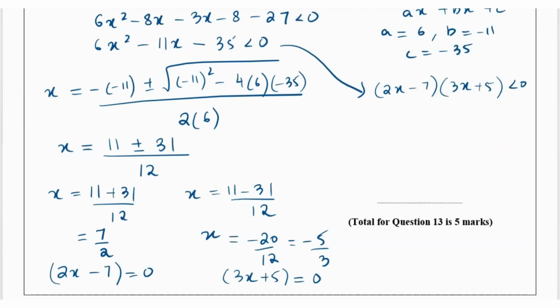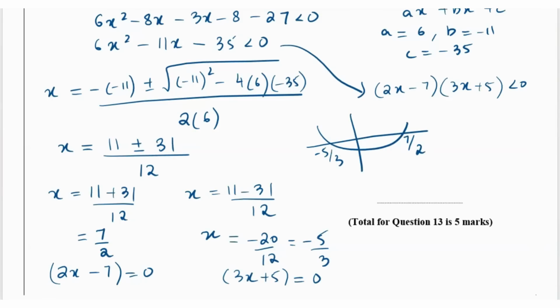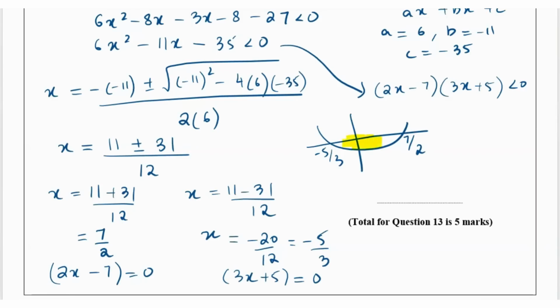So remember, it was an inequality. And when your quadratic inequality is less than 0, that means if you draw a rough sketch, this is -5/3, this is 7/2. If it's less than 0, that means we look at the values underneath the x-axis. If it was greater than 0, then we look at the behavior of the x values above the x-axis.